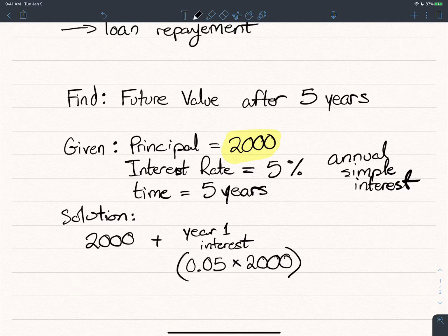And what's 0.05 times 2,000? Now would be the time to pull out your calculator. But another way to think about it is 10% of 2,000 is 200. So therefore, 5% of 2,000 is going to be 100.